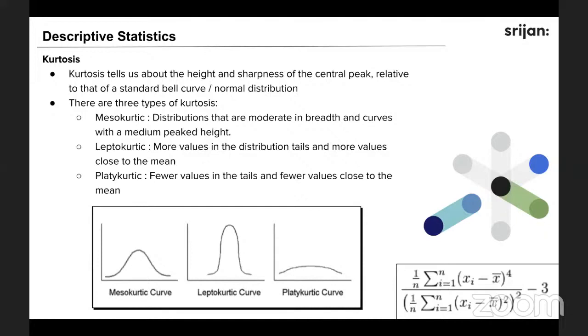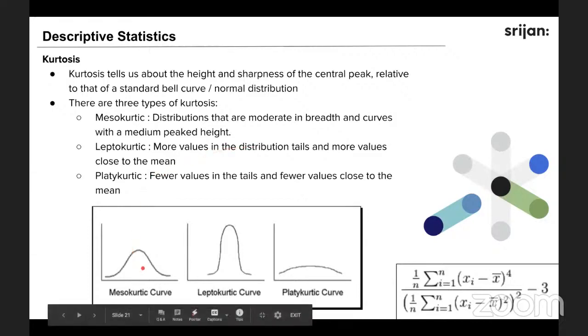You don't need to remember these terms, so don't put that kind of stress on yourself. But it's good to know these terms so that they will not confuse you whenever you come across them. In statistical terms, when we have a mesokurtic distribution, it will look like this one.